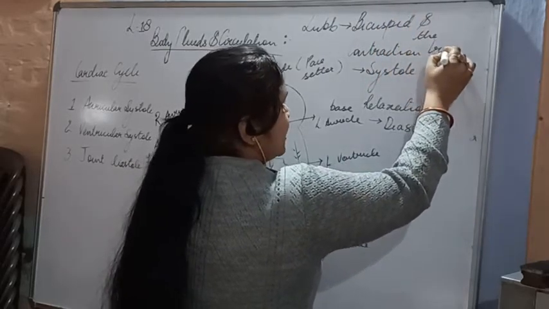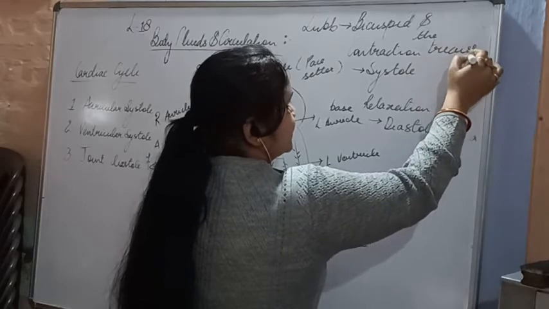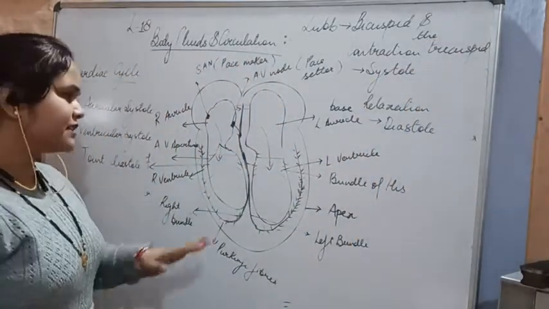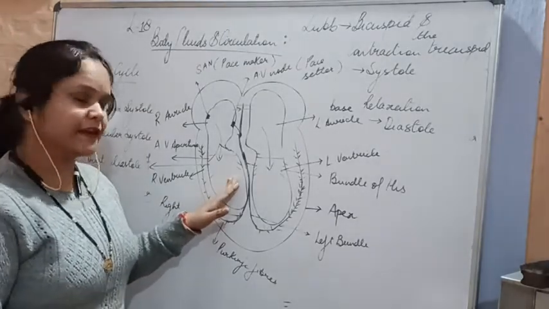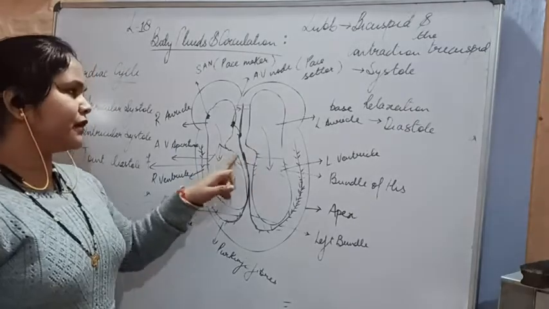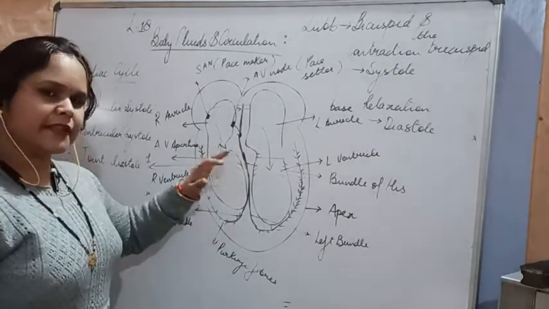So when does it occur? It occurs at the time of ventricular systole. As the ventricles contract, the AV valves, that is the auriculoventricular valves, close.